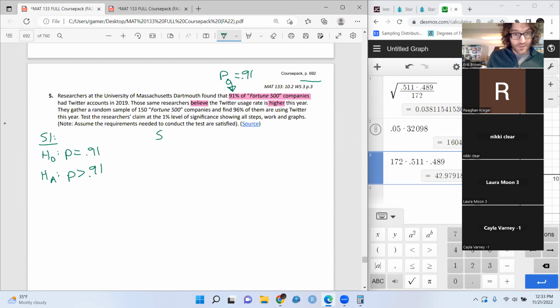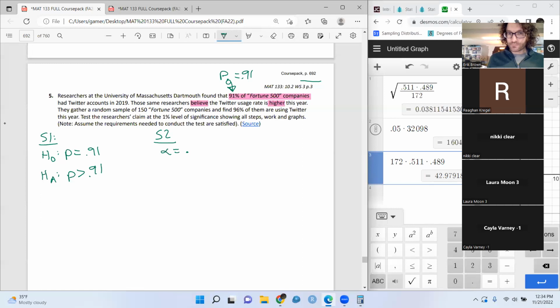Let's check for step 2. What did you all say for step 2? I did 0.96 times 150 and got x equals 144. And that's for step 2?